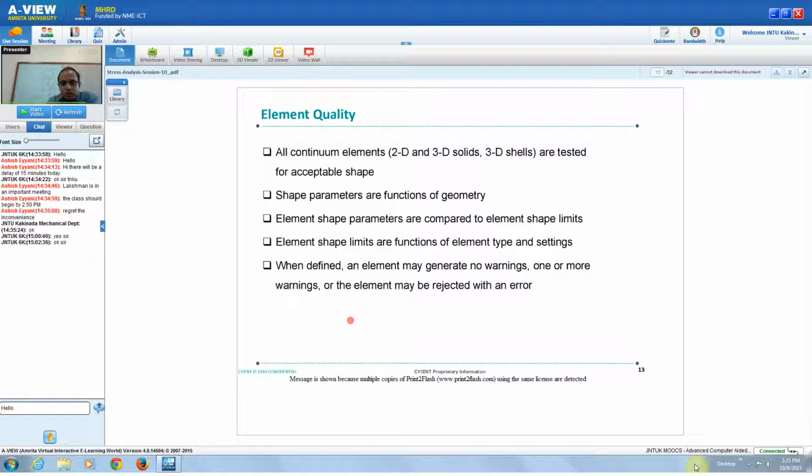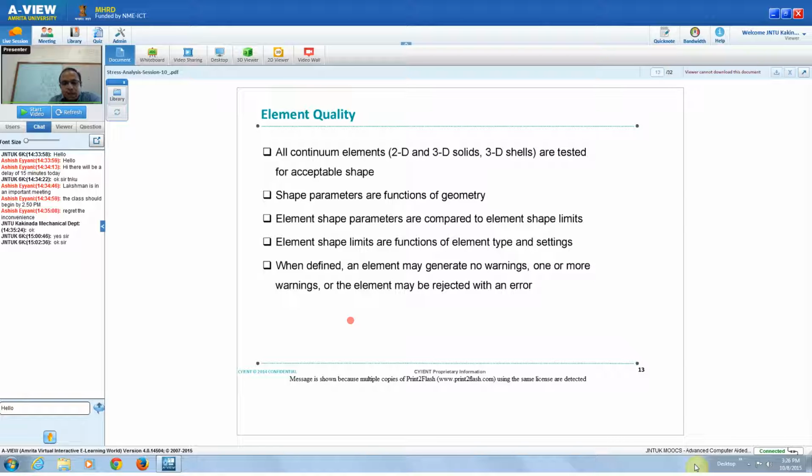When these things are defined and the finite element mesh is generated, it may generate no warnings, which means the mesh quality is good, or there may be some warnings, maybe some elements are very near to the limit. Or some elements may be completely rejected by the tool because of error elements.